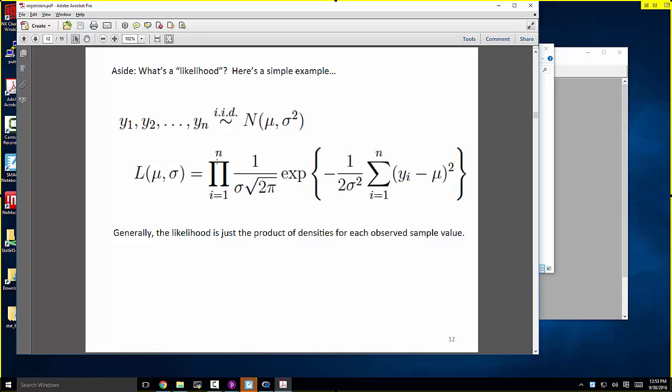A likelihood is a product of either PMF or PDF values evaluated at all of our data. This is the normal PDF. So the likelihood, roughly speaking, the, quote, probability of seeing our data, if these are the parameter values, is represented by this product of normal PDFs.